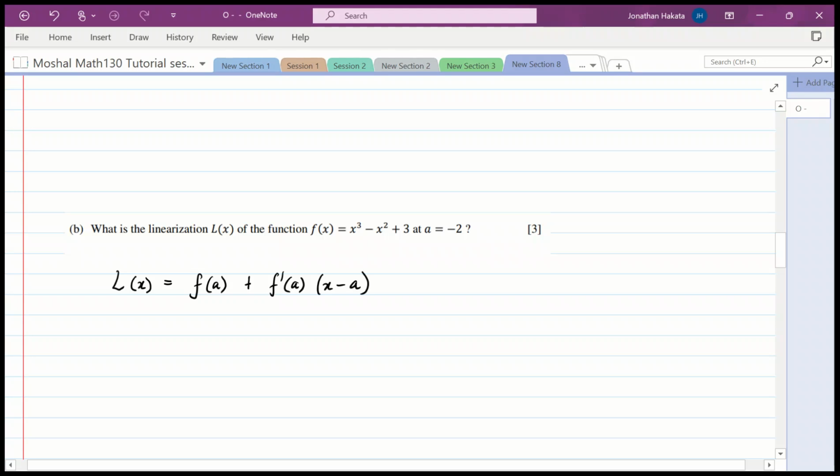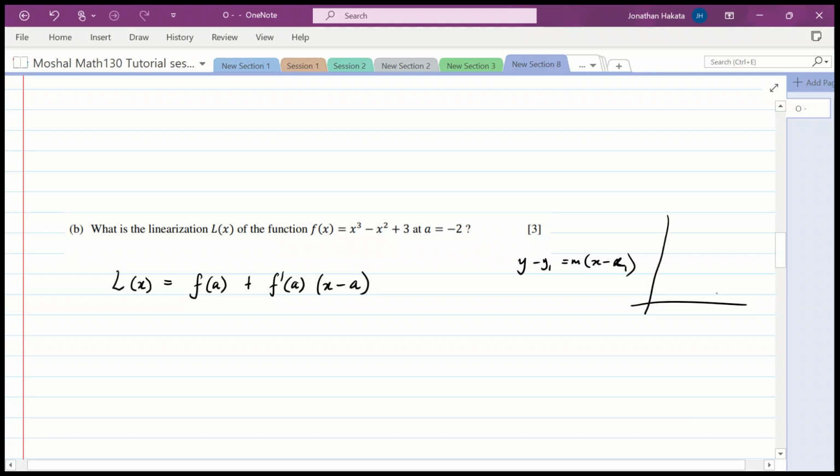This is straight away derived from the equation y minus y1 equal to m into x minus x1.